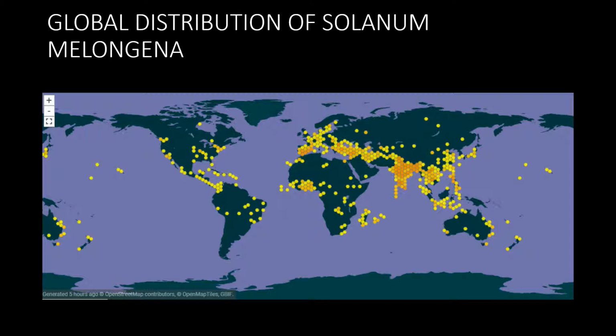Most yellow points are in Asia, which is where the eggplant originates. North America, South America, Africa, Australia, and New Zealand have lesser points. Of course, eggplants do not originate in these continents. That's why.